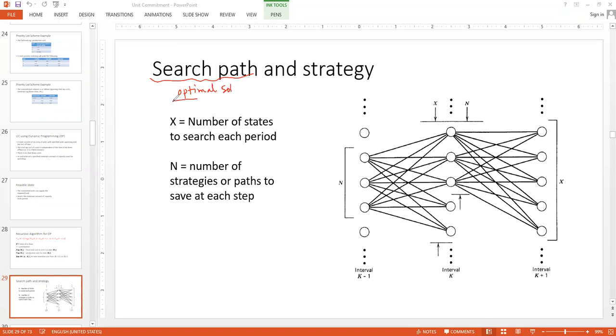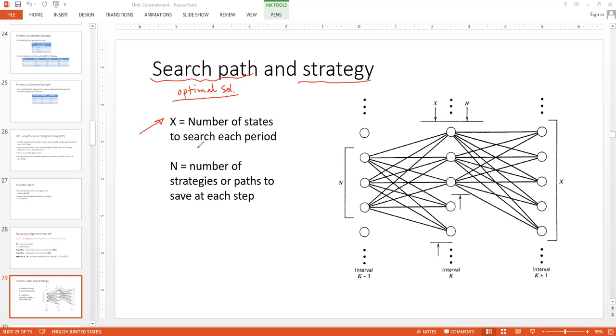So what is the path, or the trajectory that we should follow for obtaining the optimal path from our starting point to the ending point? Okay, so that is the search path. And a strategy, what is the strategy? How we are having our transition getting done at each interval between the states. So what is X?